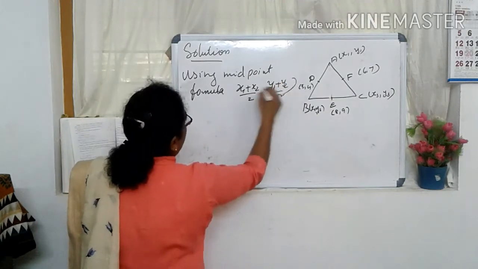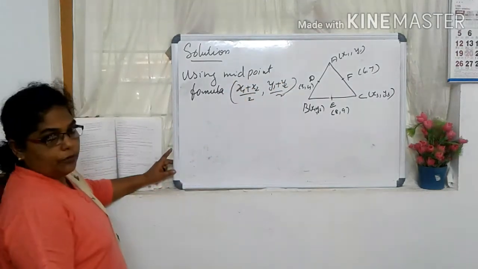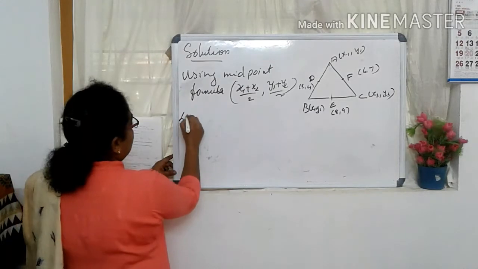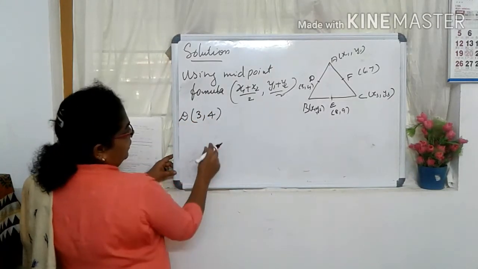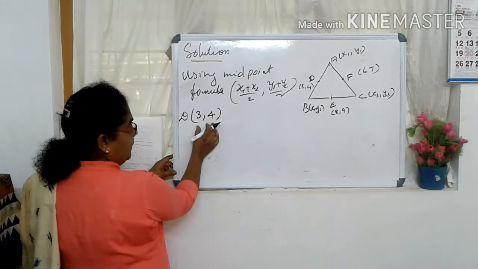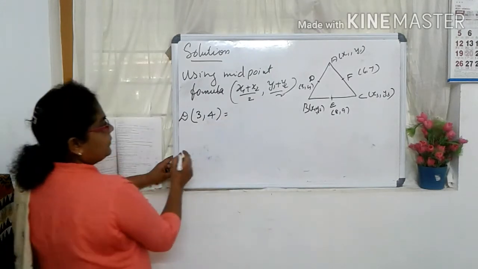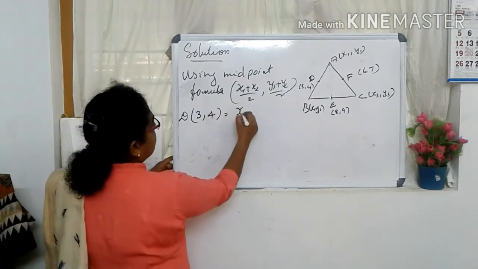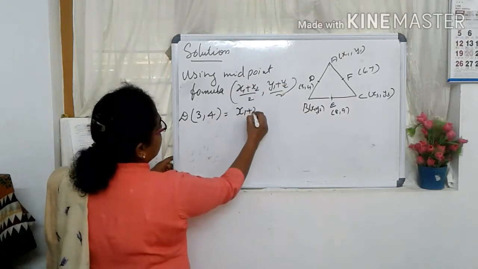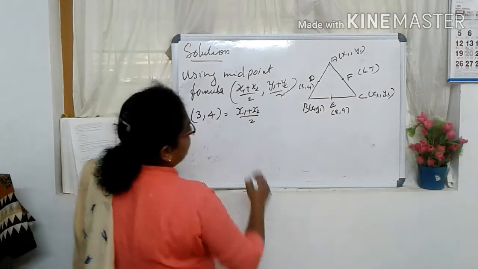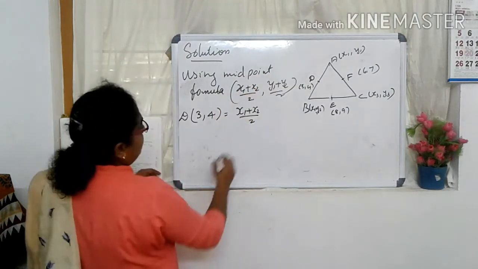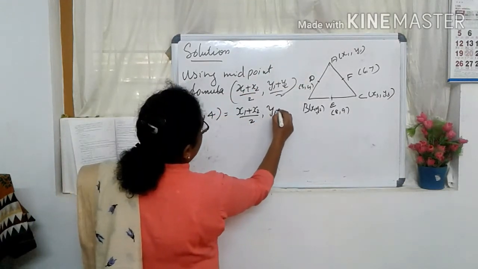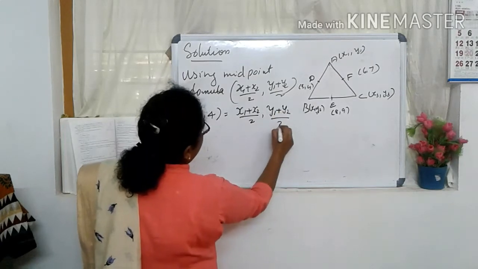So we are using the midpoint formula in each case. First one, D. What are the coordinates of D? (3, 4). It means the midpoint of AB is ((x1 plus x2) by 2, (y1 plus y2) by 2).